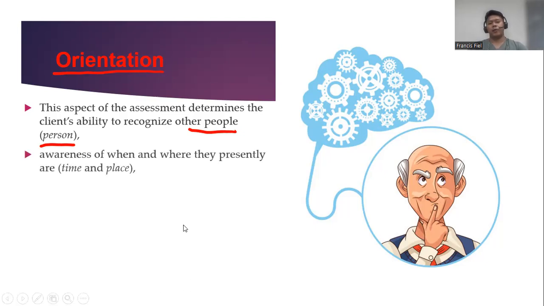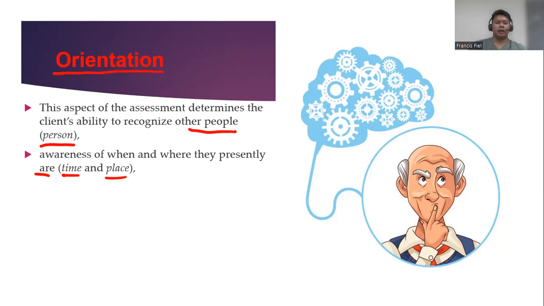Next is awareness of when and where they presently are, or time and place. So ibig sabihin, tatanungin mo yung patient, ma'am, do you know where you are? Sabi, yes, I'm in the hospital. So, do you know what time it is? So, it's around 10 a.m., I think.